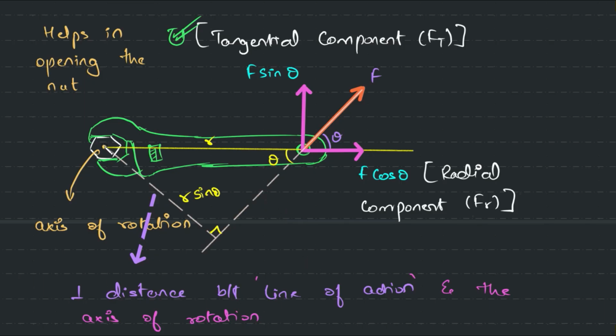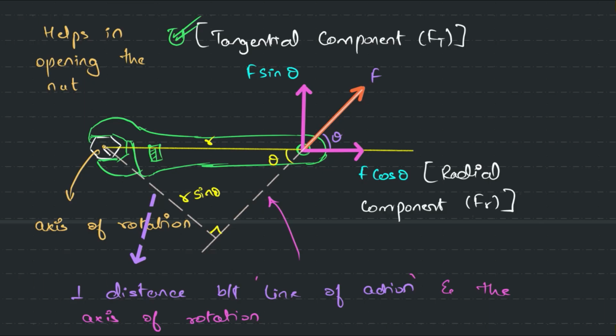Axis of rotation is this. This is the line of action. Line of action is that infinite line that lies along the force. So along this line of action, this is the perpendicular distance between the line of action and the axis of rotation.